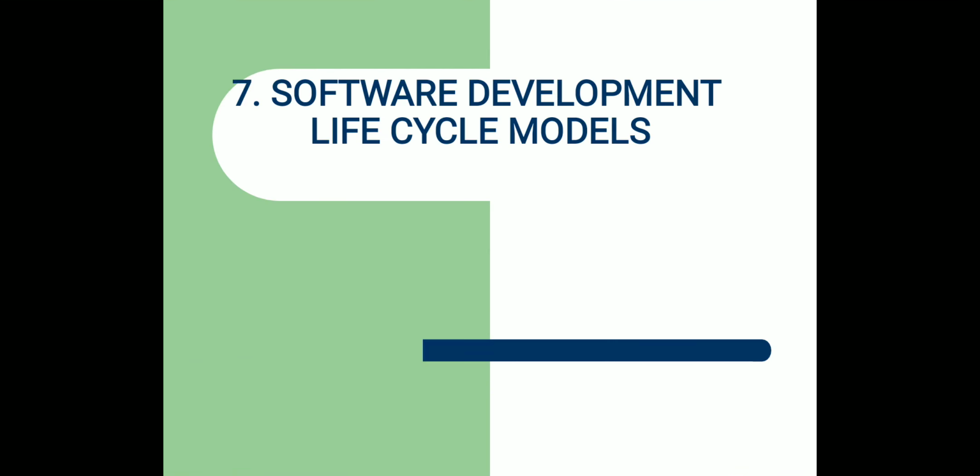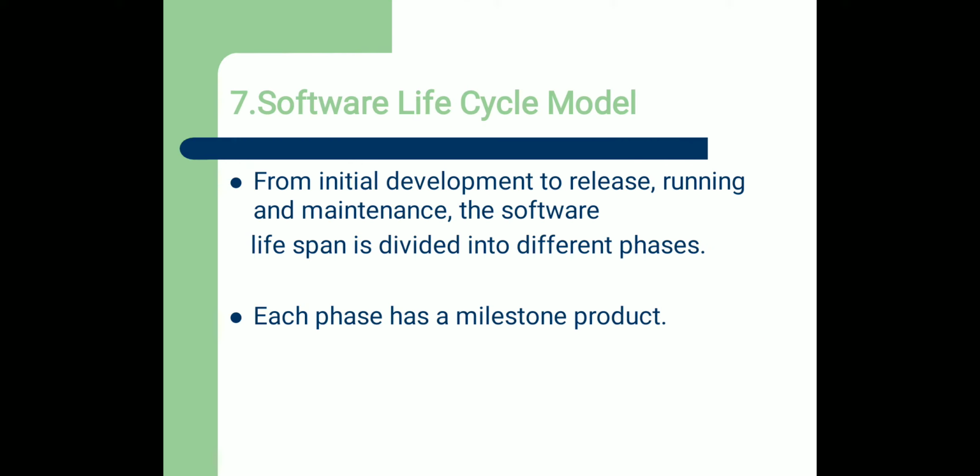So, the software development lifecycle models. In a software lifecycle model, we are initially developing to realize running and maintenance, the software lifespan is divided into different phases. Each phase has a milestone product.